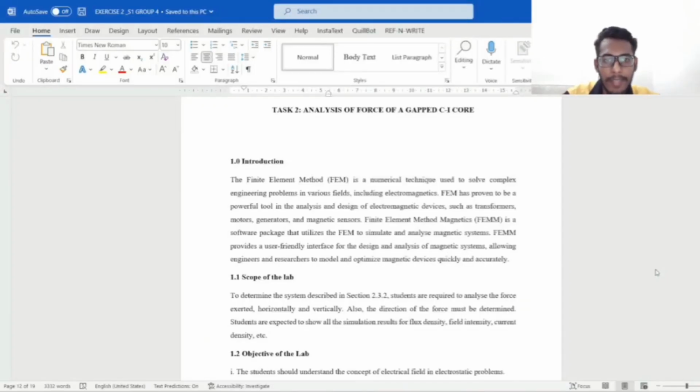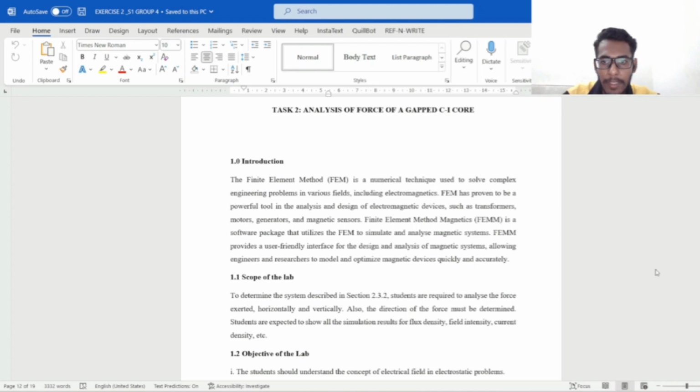My name is Navin. Now I'm going to present the report for Task 2, analysis of force of an air gap C-I core. The first one is the introduction. The finite element method is a numerical technique used to solve complex engineering problems in various fields, including electromagnetics.